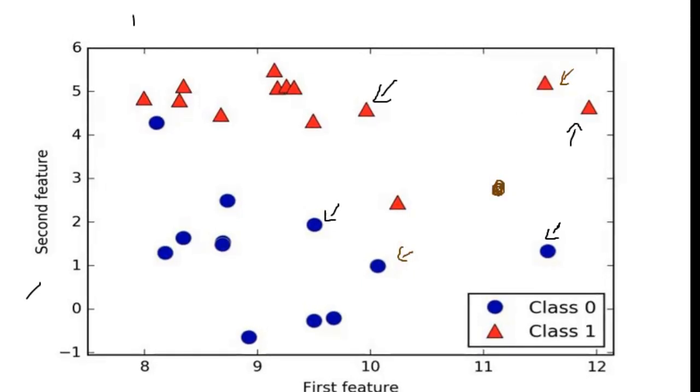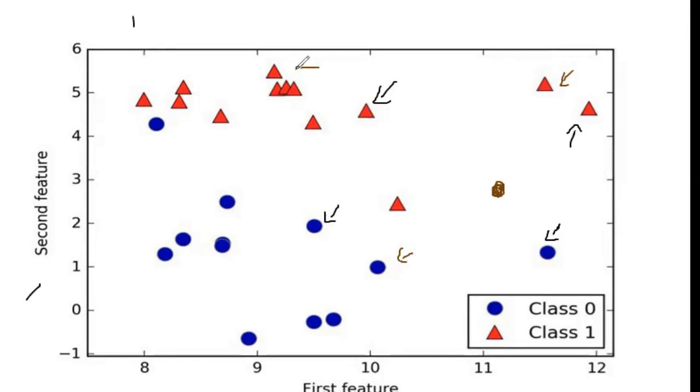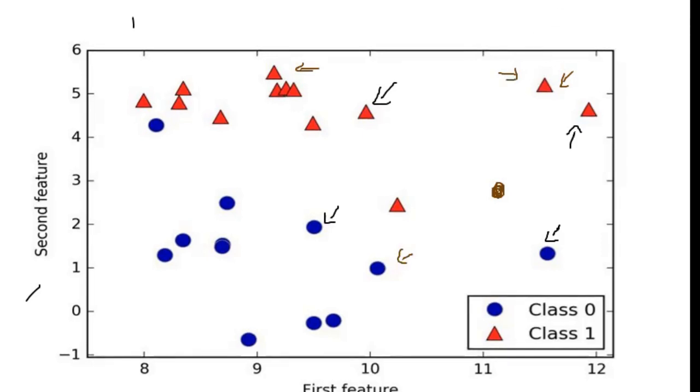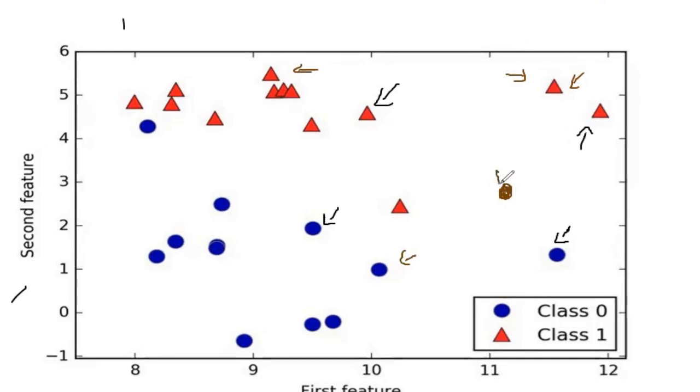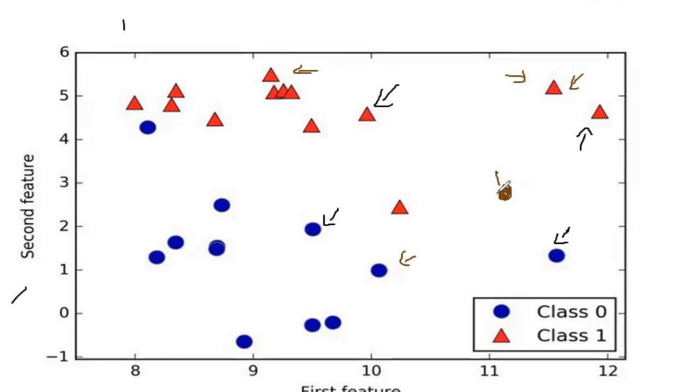The first label is triangle, as we see that these are all triangles, and other than that there are circles. So there are only two labels. Here I have this brown data point, and to predict this, as we discussed, our model will find the nearest neighbor.